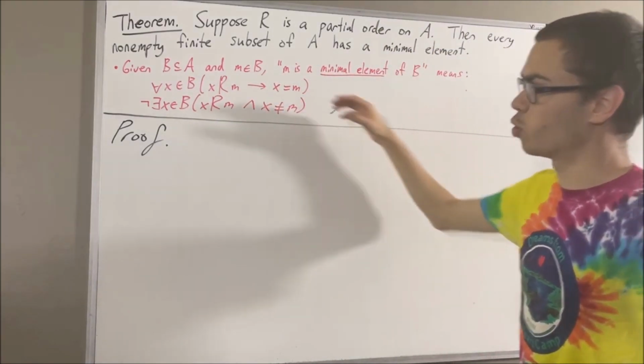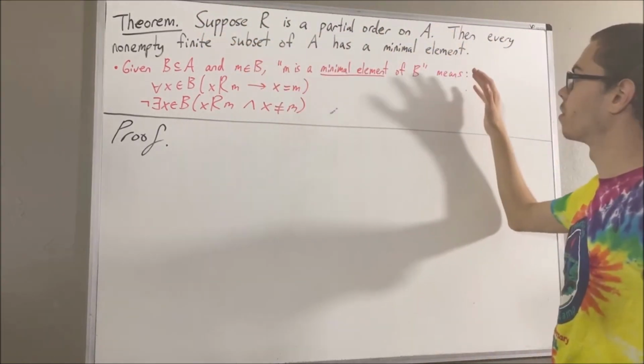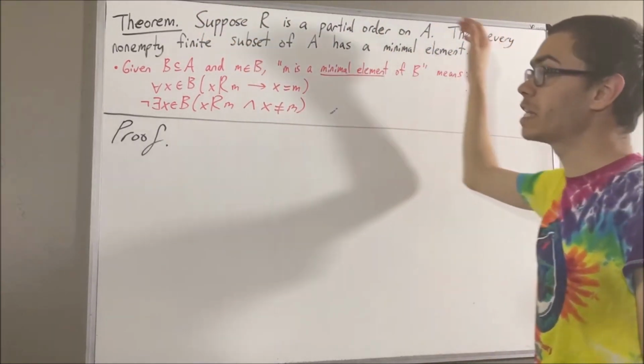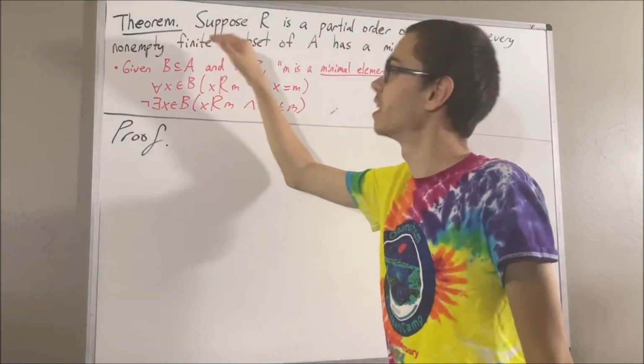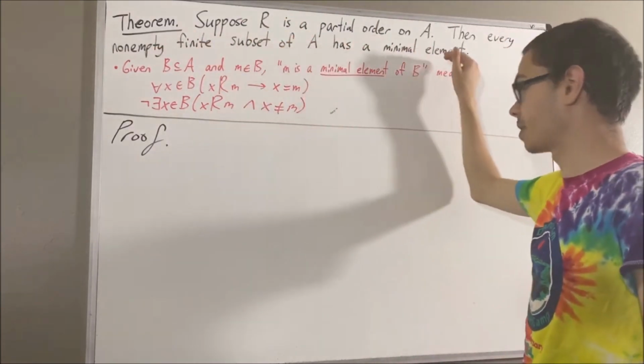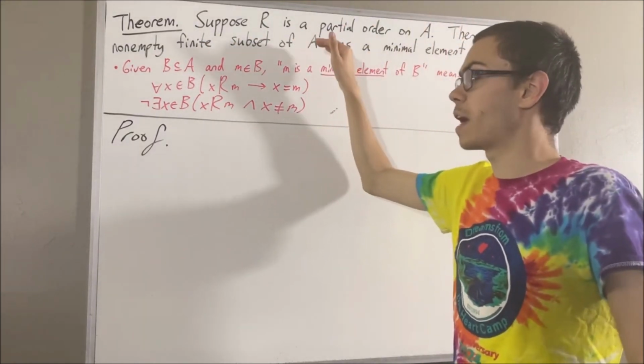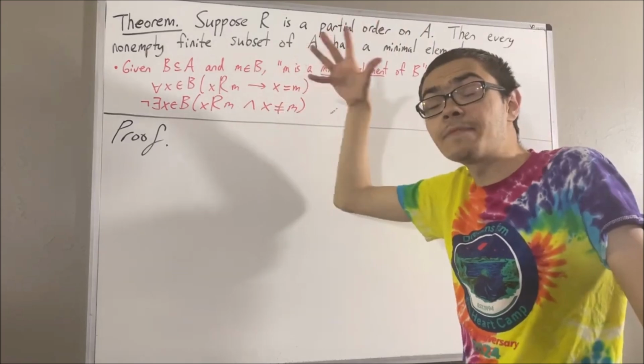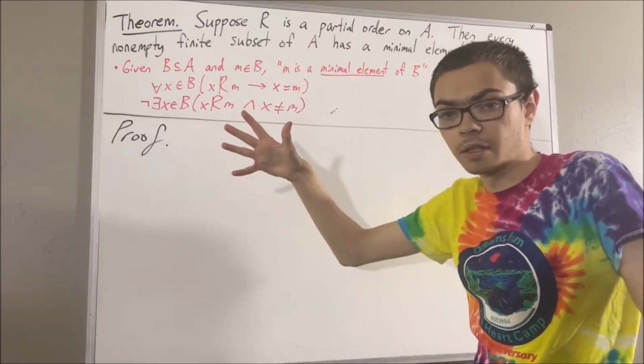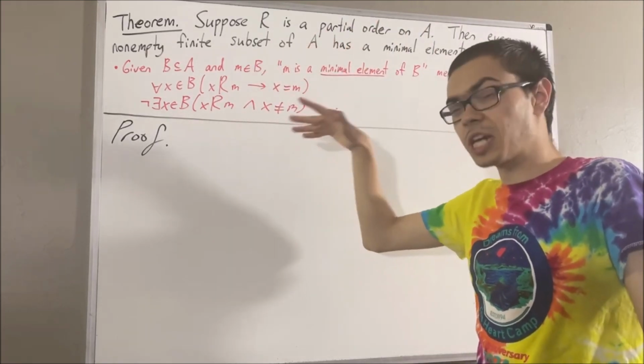Okay, so now let's get into proving this theorem. Now the whole goal is to prove that every non-empty finite subset of A has a minimal element. So we're trying to prove a statement about every subset of A with some positive integer number of elements. So we're going to use induction.